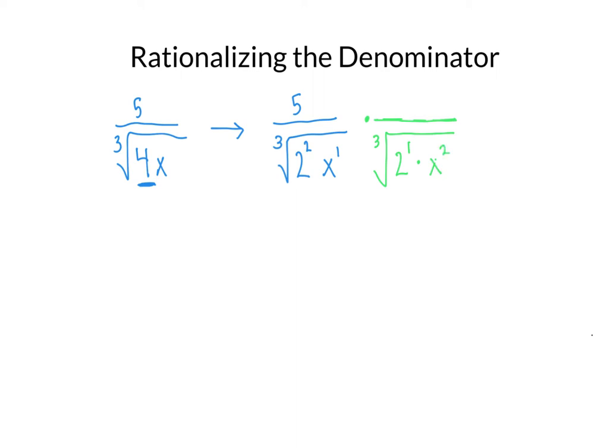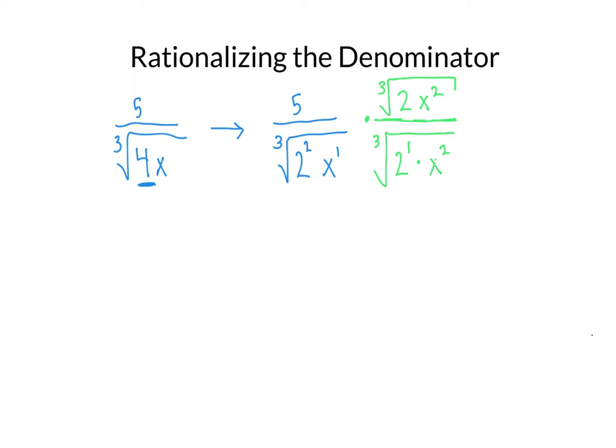Now I can't just do that though. I can't just multiply that denominator and be good with that. In order to make this process work, we have to multiply the denominator and the numerator by the same thing, because that's what 1 is. That's a form of 1, and you can multiply anything by a form of 1.